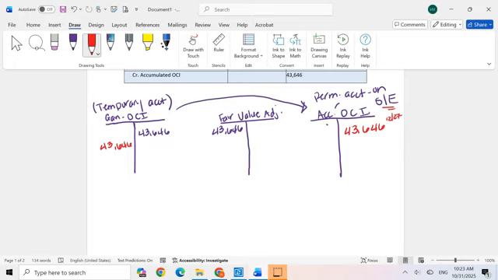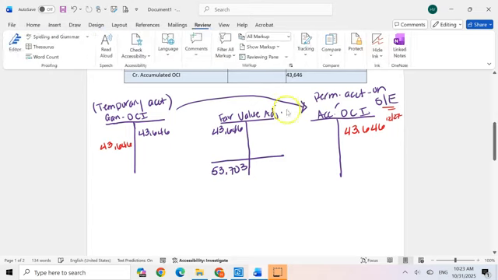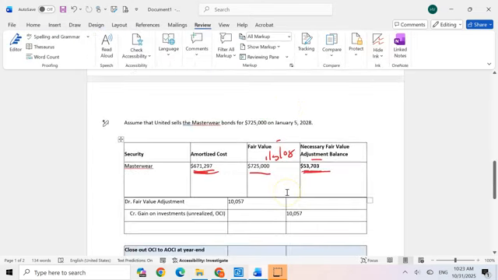We had a debit balance of 43,646. We're going to go back, and now we need the balance to be 53,703. That's what we need it to be at 1/5/08 when we adjust the fair value to its accurate balance on the date of sale.